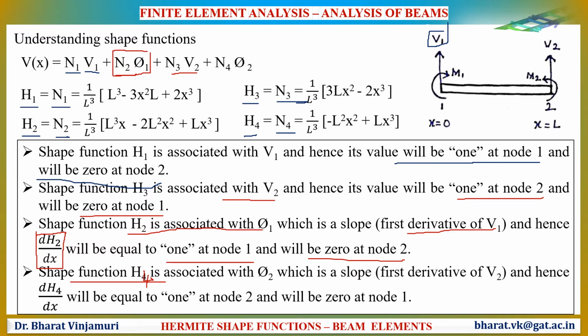Shape function h4 is associated with the term pi2, which represents the slope or the first derivative of v2, and hence instead of taking h4 directly, we will be using dh4 by dx, which will be equal to 1 at node 2, because pi2 exists only at node 2, and the value of the first derivative dh4 by dx will be 0 at node 1. This is how the shape functions will be varying over an element.